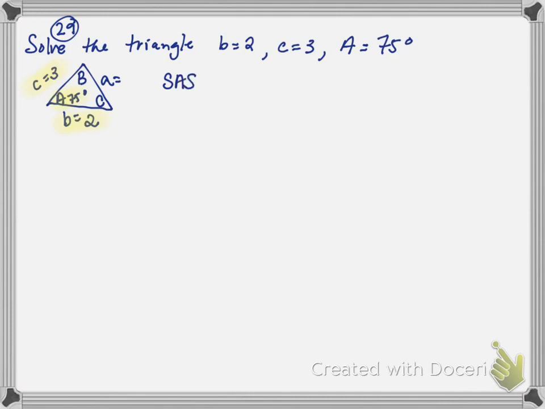Being that it's a side, angle, side triangle, we're going to use law of cosines. There are 3 laws of cosines, so depending on what you're given is what you're going to write down.